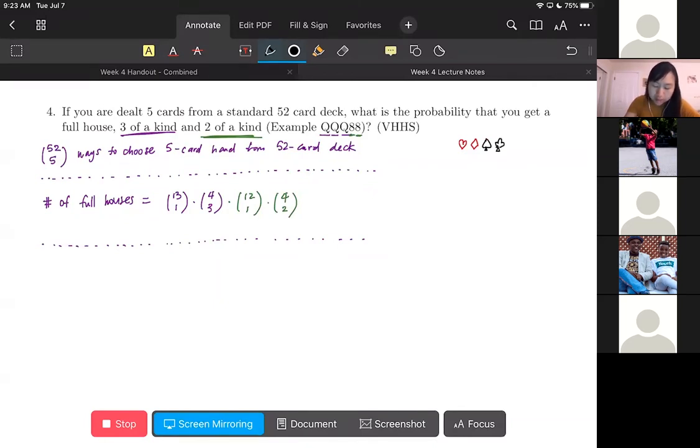So if we want to pick 4 of them, let me just label hearts, diamonds, spades, clubs. Basically there's 4 choose 2 ways to pick 2, or if we want to list them out, it'd be like hearts, diamonds; hearts, spades; hearts, clubs; diamonds, spades; diamonds, clubs; spades, clubs.